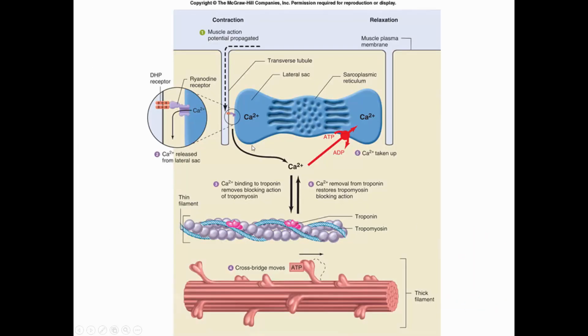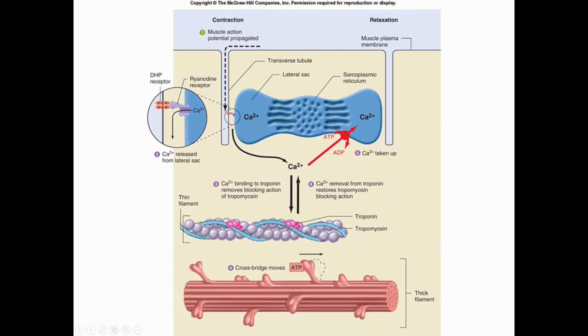So how does the process of excitation-contraction coupling occur? And this is a beautiful picture to show this. This is the sarcolemma. An action potential is going to travel along the sarcolemma, make its way into the transverse tubule, and as the action potential travels along, it's going to meet a dihydropyridine receptor we see in this enlarged circle.